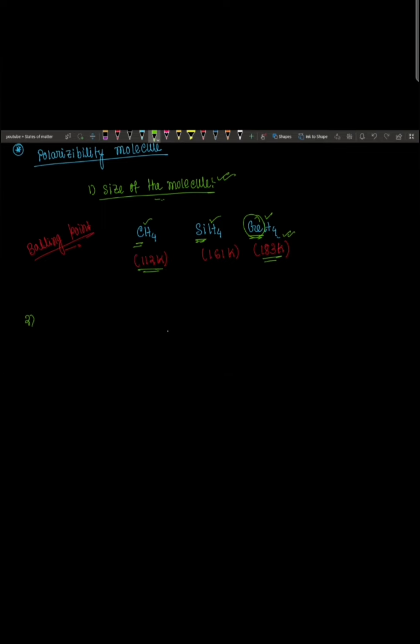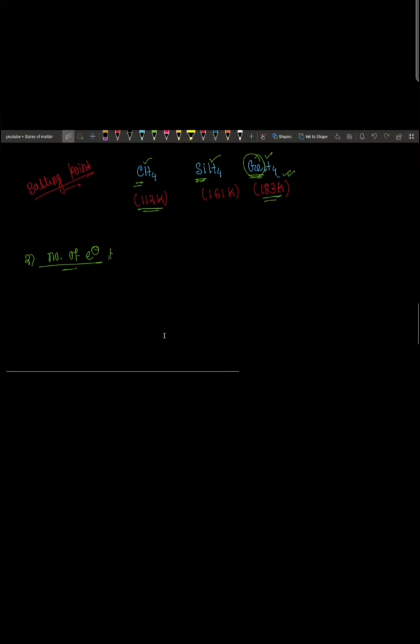Now, the second factor, number of electrons. This London dispersion force also depends on the number of electrons present in that molecule. So let's say I am talking about a noble gas which is helium, and another noble gas which is radium. You know that radium has many more electrons than helium.